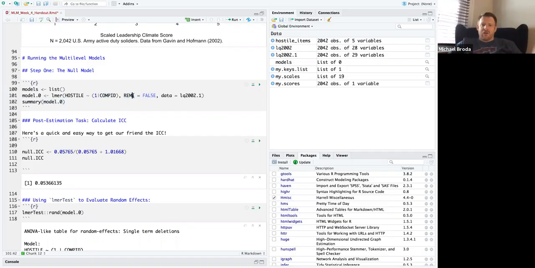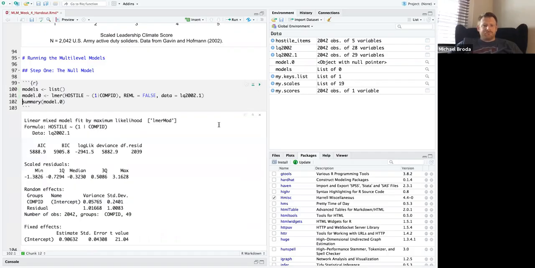So I'm going to leave that the way it was. That was the way it was last time. And I'm going to use this LQ 2002.1. I don't think for our purposes it would make a difference if we used LQ 2002 or .1. .1 just has that extra variable that I calculated. And then I'm going to get a summary in the next line, a summary of this particular model.